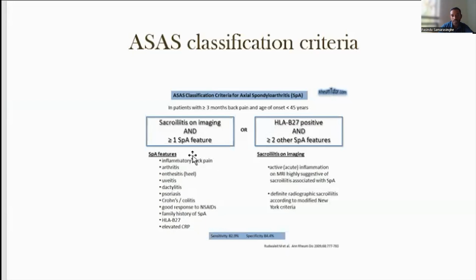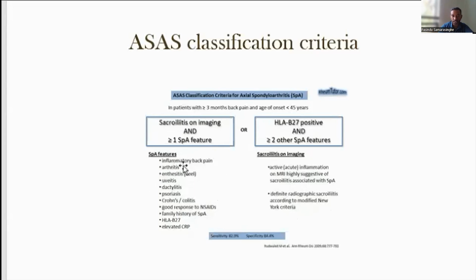So if you have one or more of these features, and you do an X-ray and it shows sacroiliitis, you can classify it as spondyloarthritis. The sacroiliitis could be on either X-ray or MRI. On MRI, it should be active inflammation, as I discussed before, and on X-ray, sacroiliitis as per the modified New York criteria. So basically, if you have a young patient with back pain for more than 3 months, go through these features.